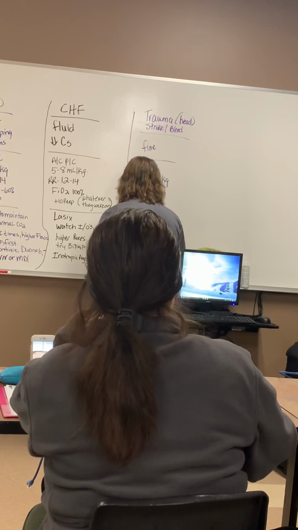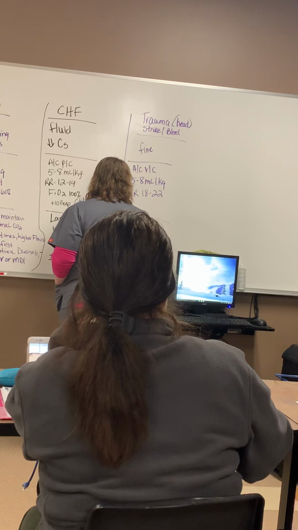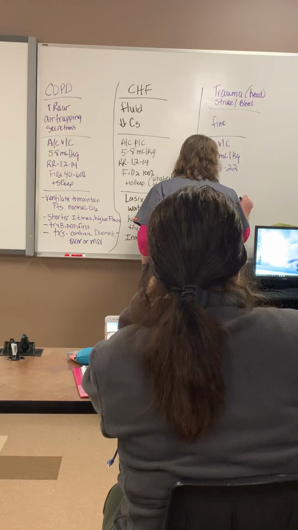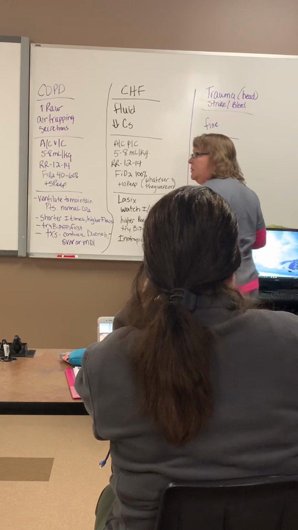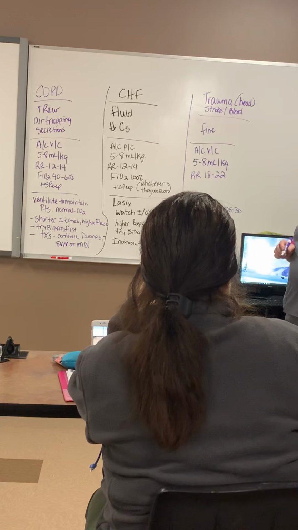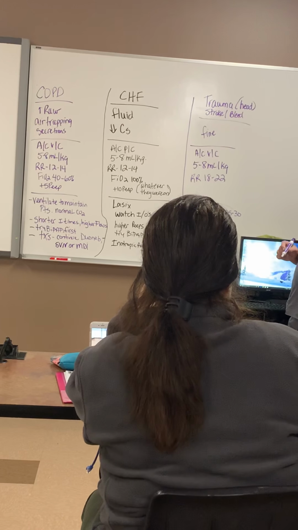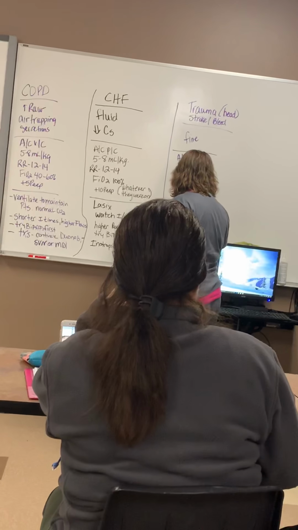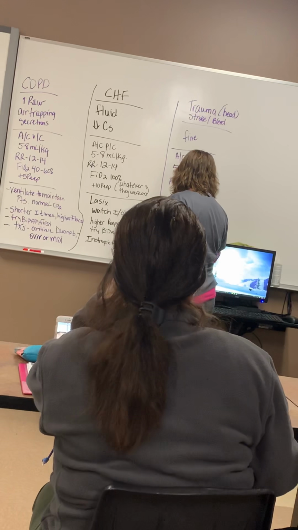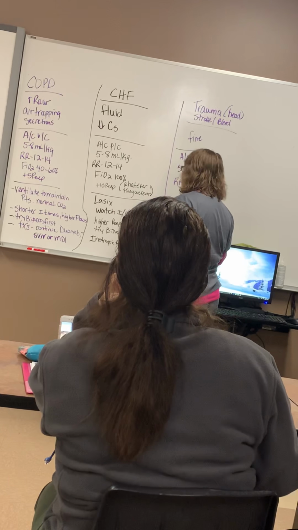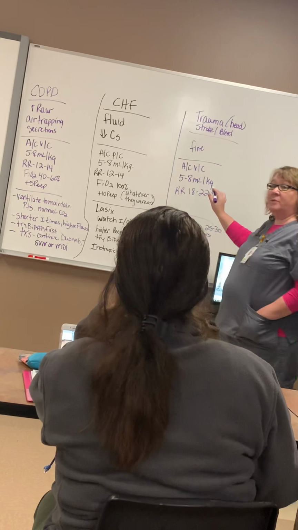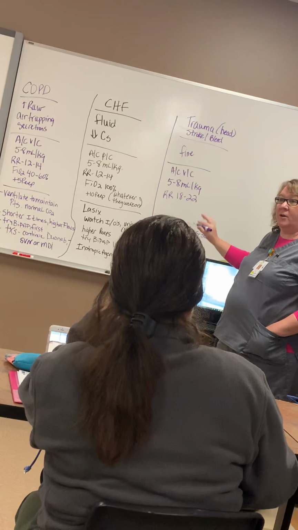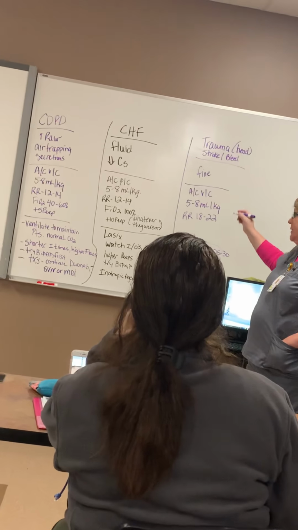We're going to maintain CO2 between 25 and 30, generally for about the first 24 hours. FiO2 is always 100% for a trauma patient and just 5 of PEEP. We're not going to get crazy on PEEP because we don't want it to affect our ICPs.